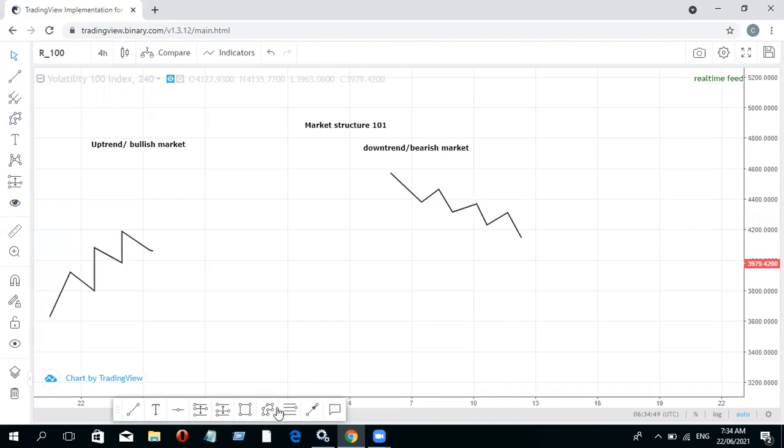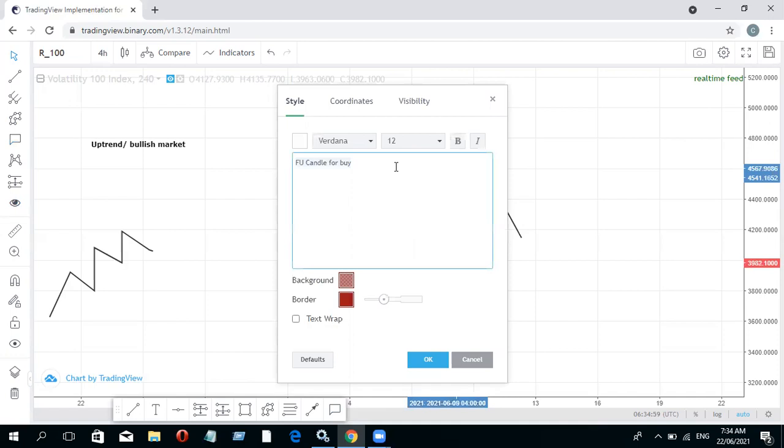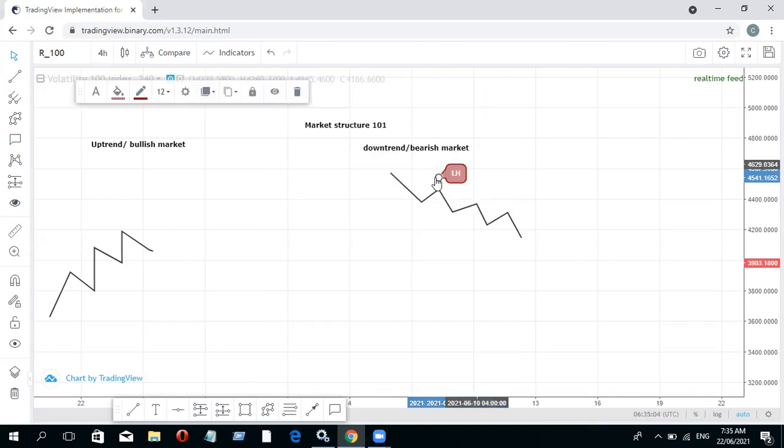Now let us label this. This point here, this sharp point before the downwards movement, is called a lower high.